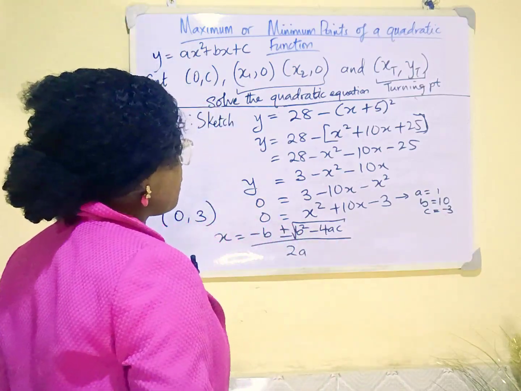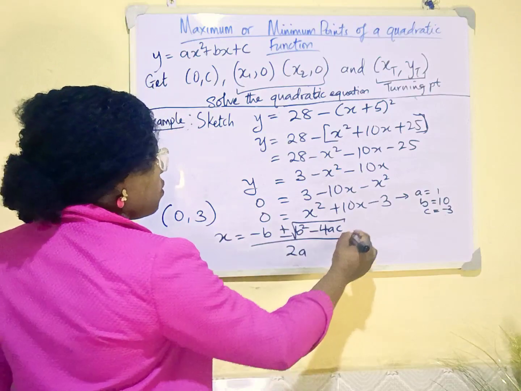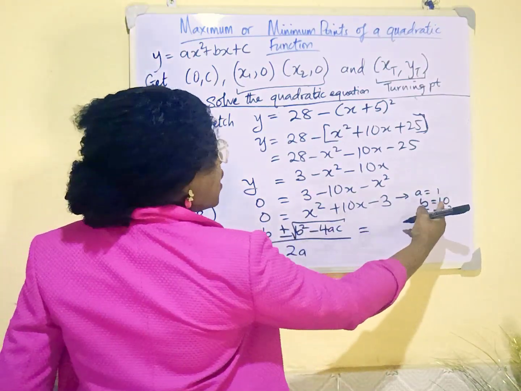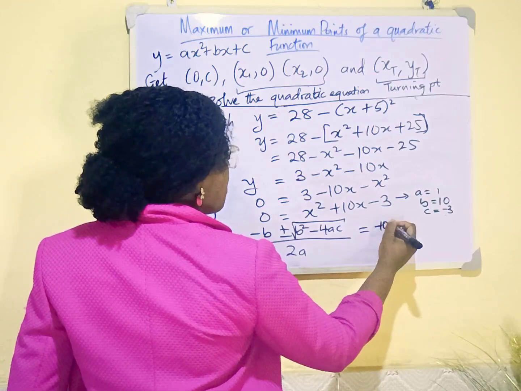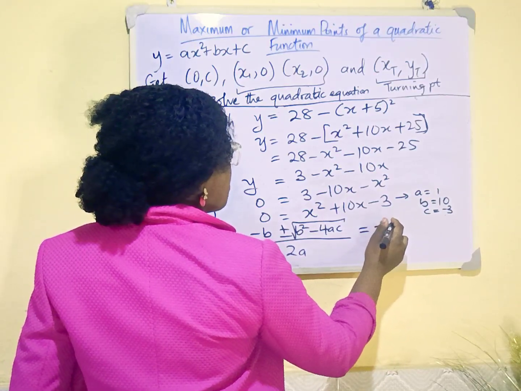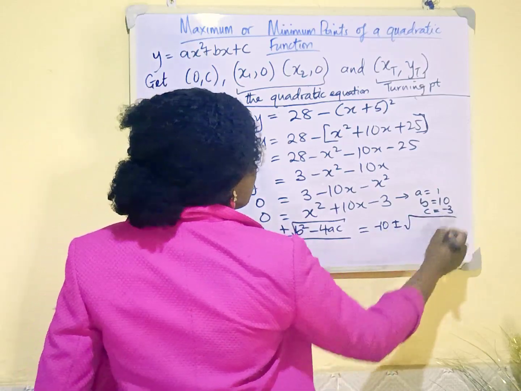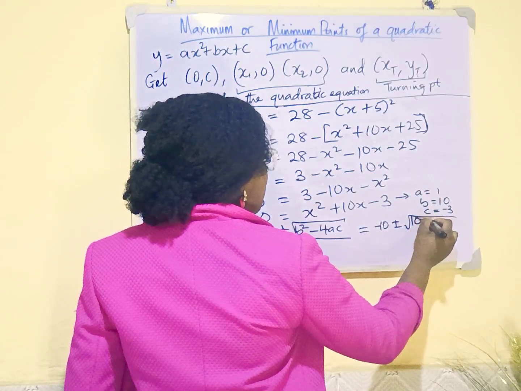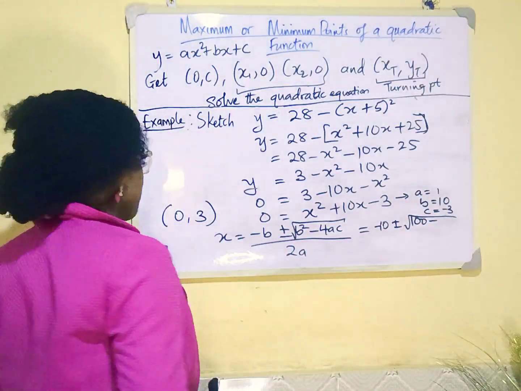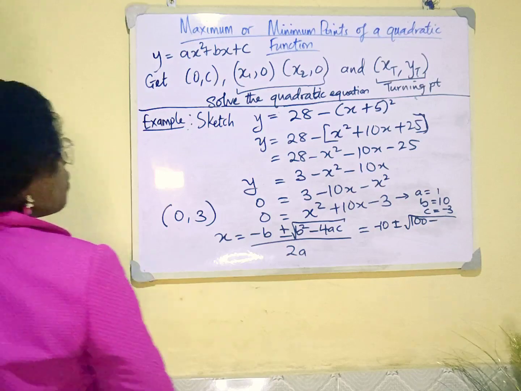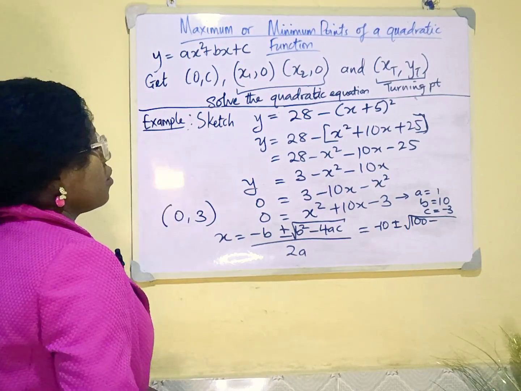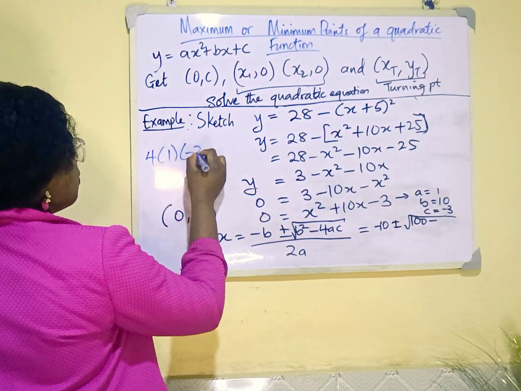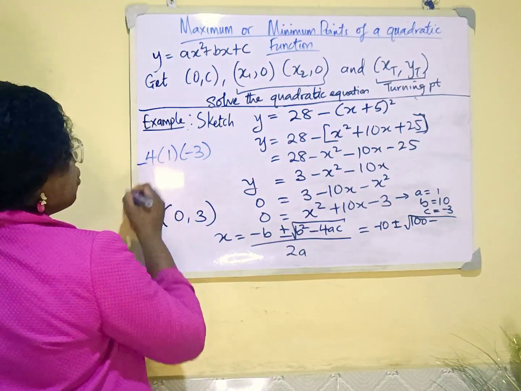So let's solve. Minus B is the same thing as minus 10 plus or minus root B squared. B squared is 10 squared. That should give me 100 minus 4AC. A is 1, C is minus 3. Please, we are having minus 4AC.